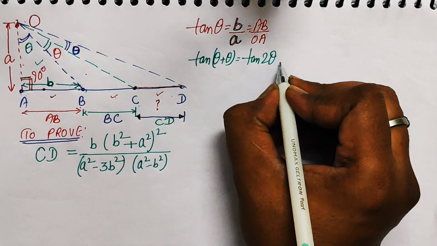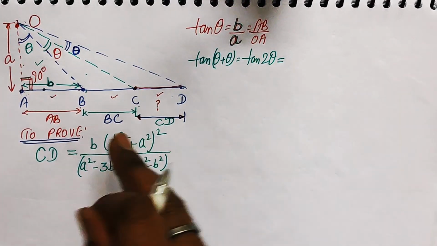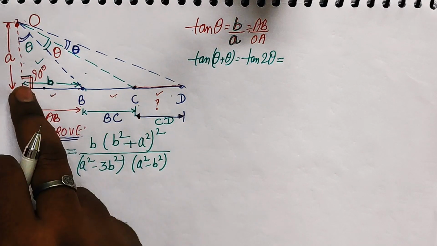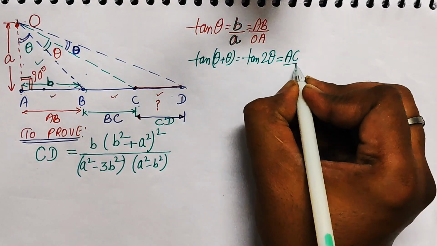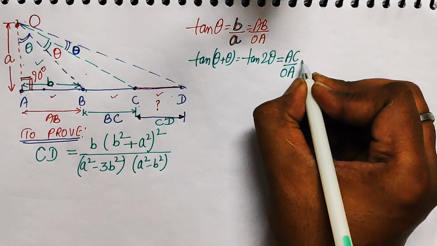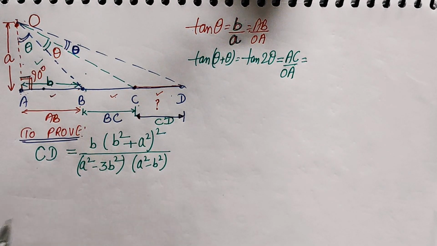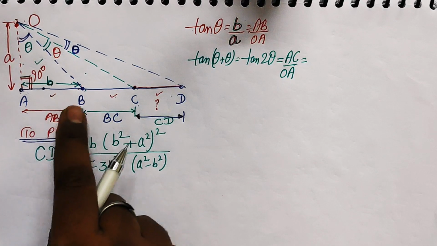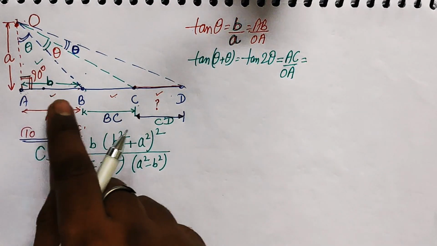The value of tan 2 theta is equal to how much? Tell me. If this is 2 theta, tan 2 theta is equal to AC by OA. And what is the length of AC? The length of AC is this small b plus BC, that is, AC is AB plus BC.